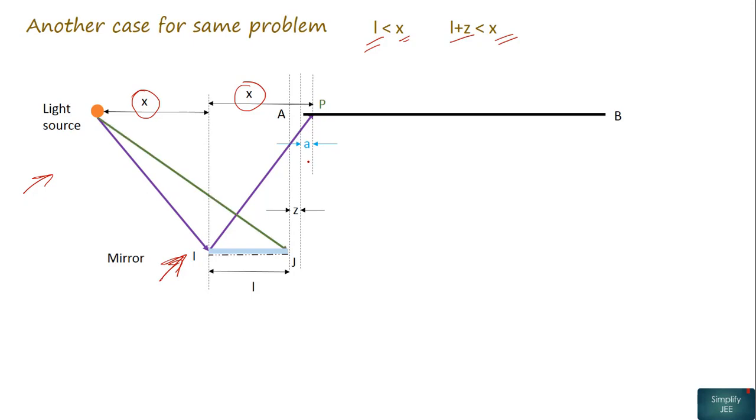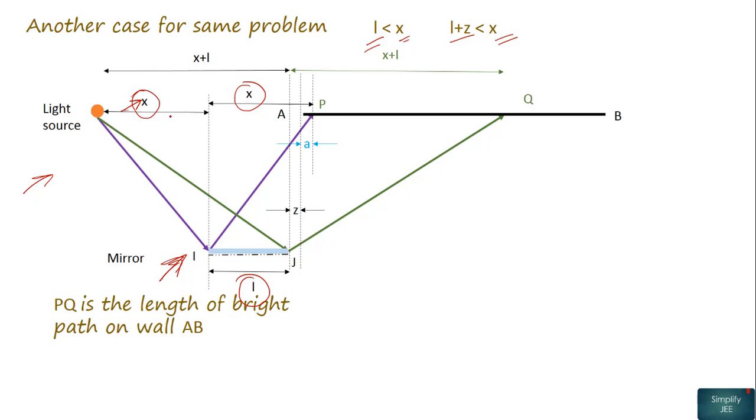Also, taking incident ray on edge J of the mirror, we have reflected ray meeting the wall AB, let's say at point Q. Also in this case, as the edge J of the mirror will be at a distance of L plus x units, hence point Q will also be at a distance of x plus L units from edge J of the mirror. Now in this case, PQ will be the length of bright path produced on wall AB, and PQ will be equal to x plus L minus z minus a.